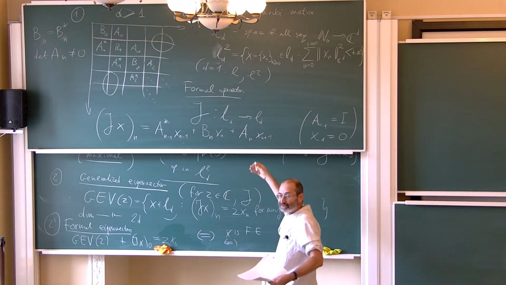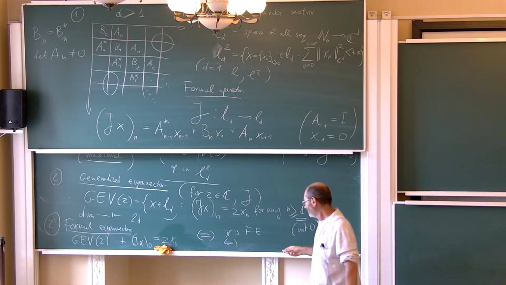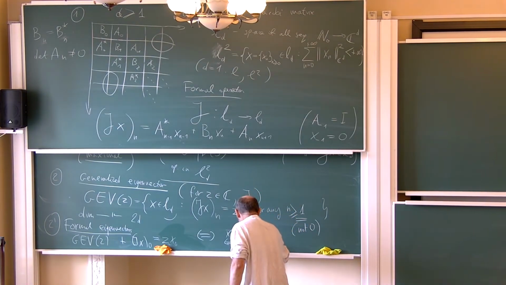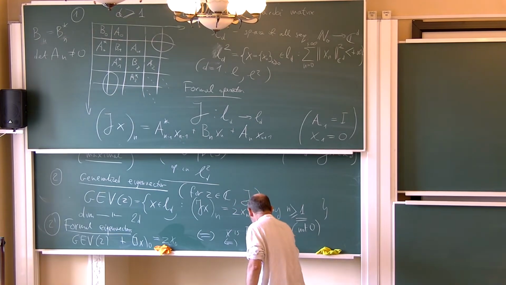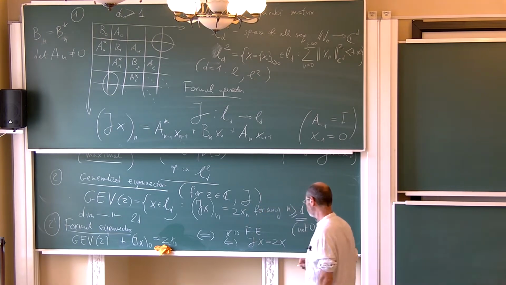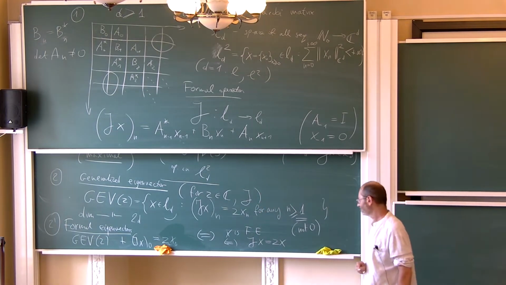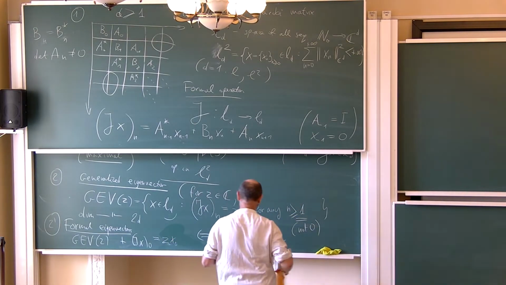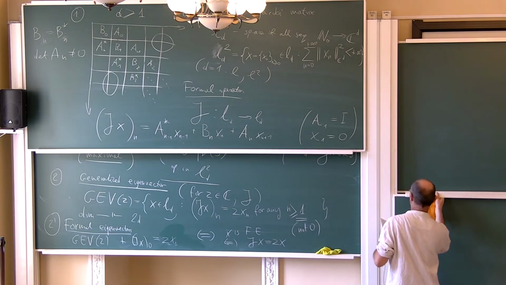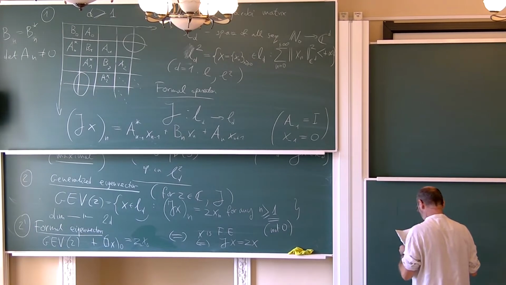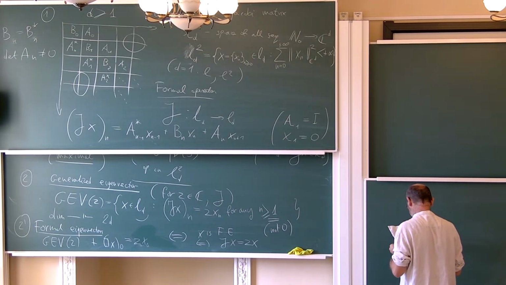This is a linear operator, so it makes sense for z: the formal J on x is equal to z x.